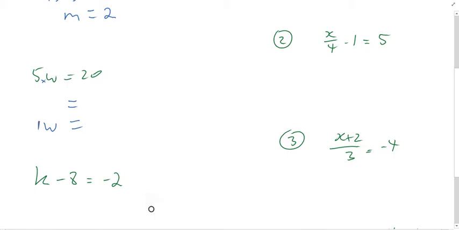To get rid of it, I do the opposite of timesing, which is divide. So I've got 5w, and I divide it by 5, which means they cancel out, and I just get left with that w. And because I've done it to that side of the equation, I had to do it to this side. I had 20, and I divide it by 5. How many times does 5 fit into 20? It's 4.